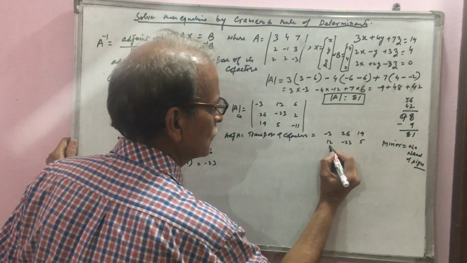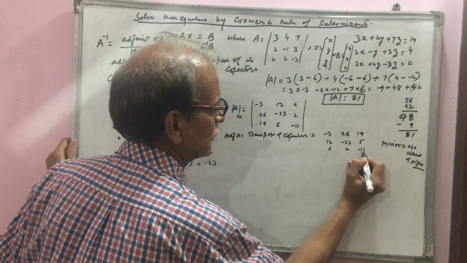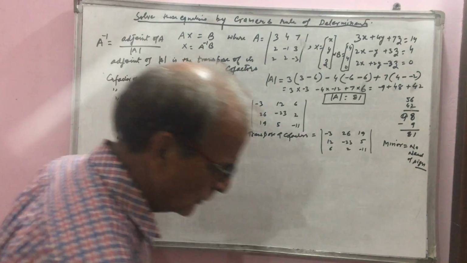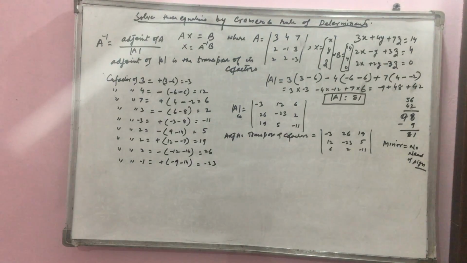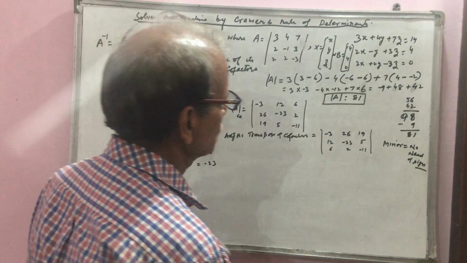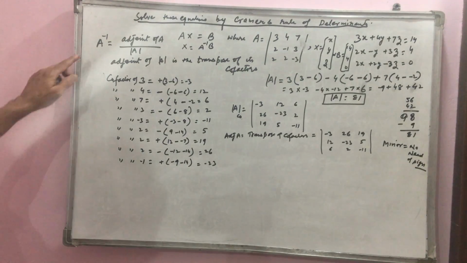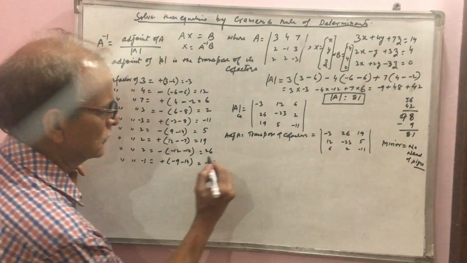Write this column in a row: 6, 2, minus 10. So this is the adjoint of A: minus 3, 26, 19, 12, minus 23, 5, and 6, 2, minus 11. Very good.